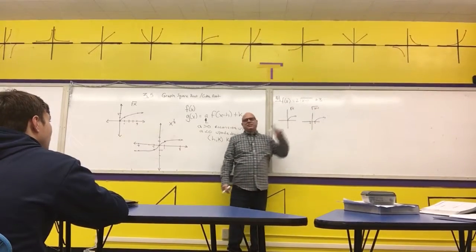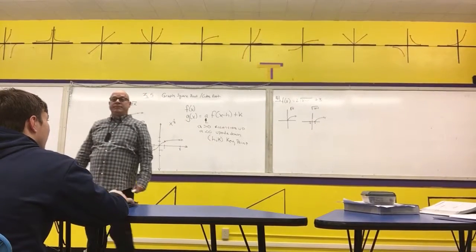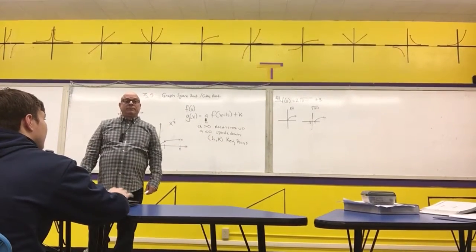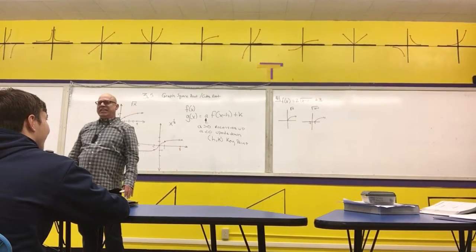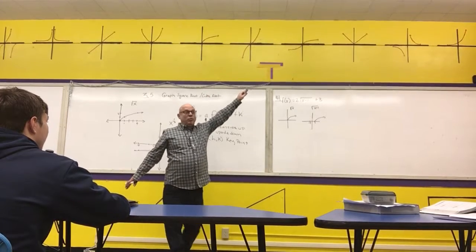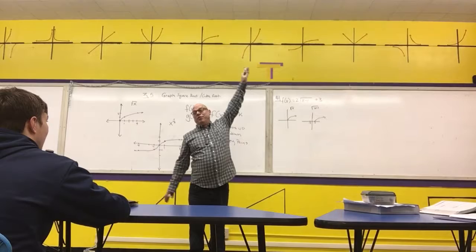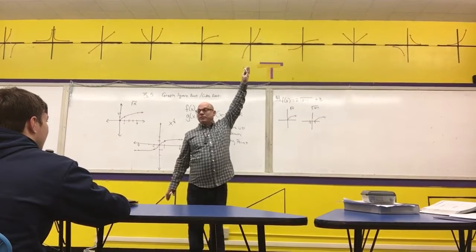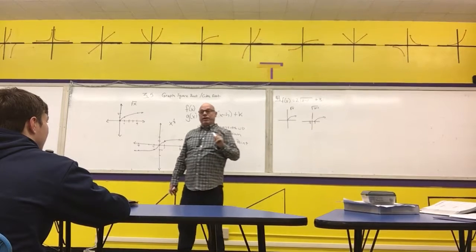What is a positive 2 going to do to my graph? What happens to a linear function, what's the slope of this, a slope of 1, right? What's a slope of 2 going to do to this line? It's going to make the incline more. Twice. It's going to make it, starts with the letter S. Steeper. What do you think that 2 is going to do to my graph?